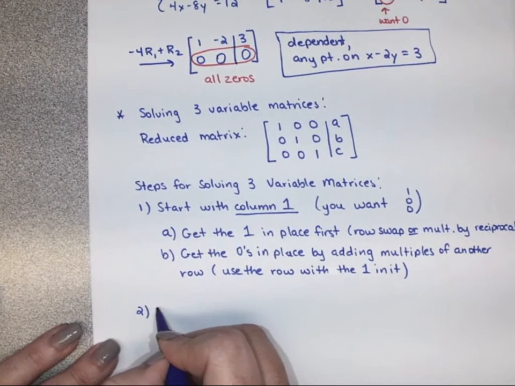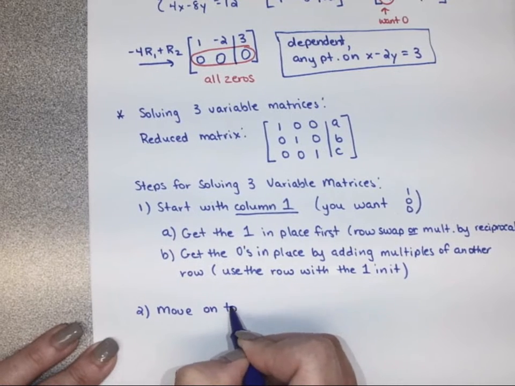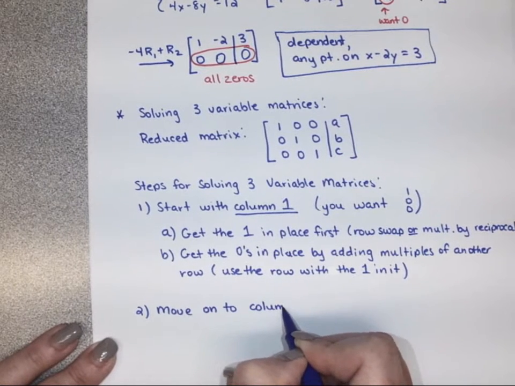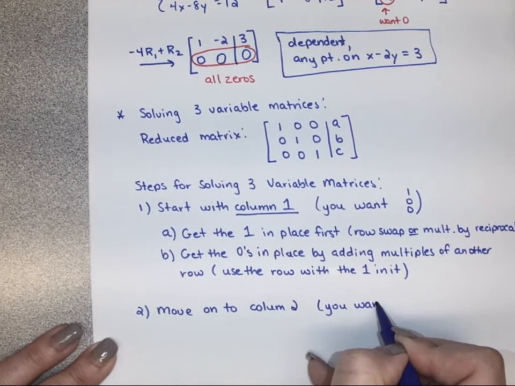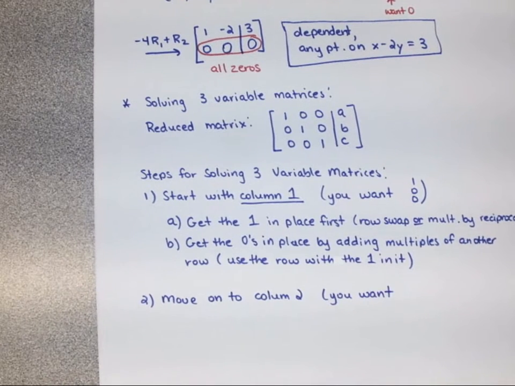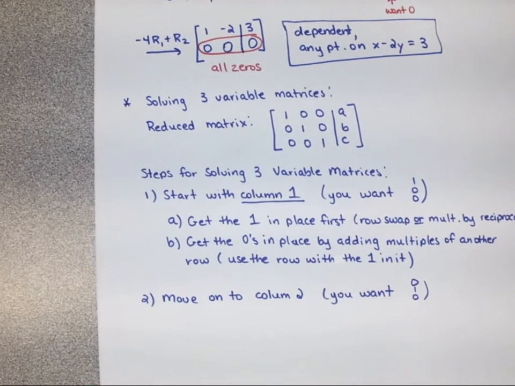So step number 2 is you're going to move on to column 2. Remember what you want for column 2 though. So if you need to, look above. What do you want column 2 to look like? Not 1, 0, 0 this time, but what? 0, 1, 0. Okay.